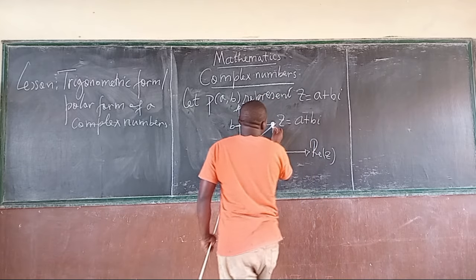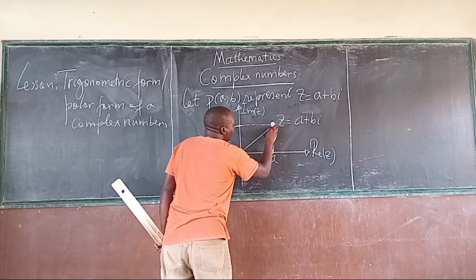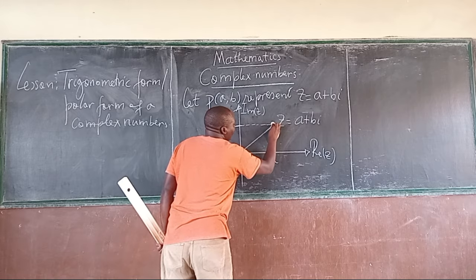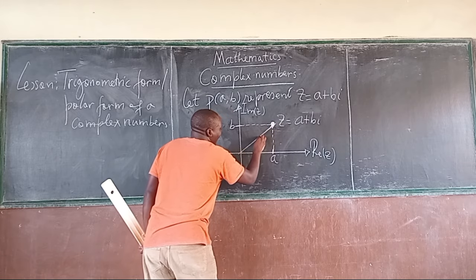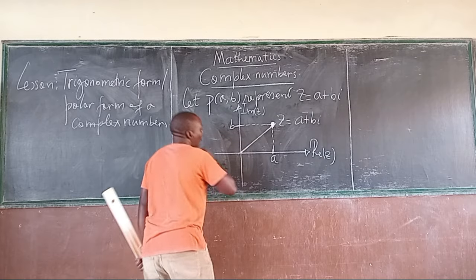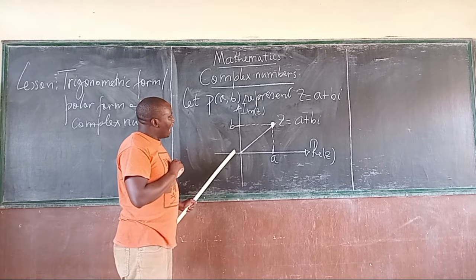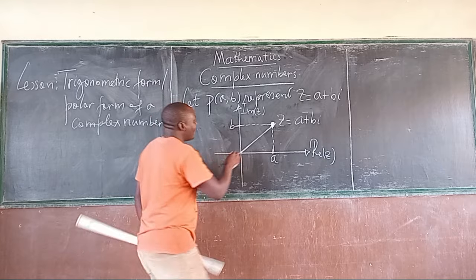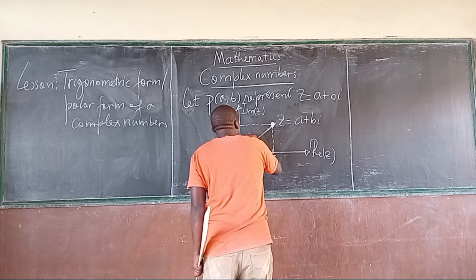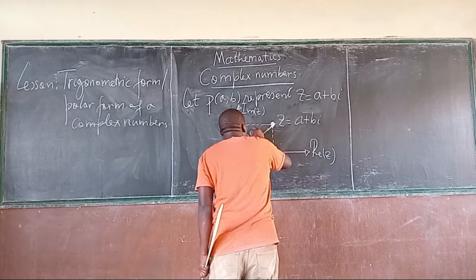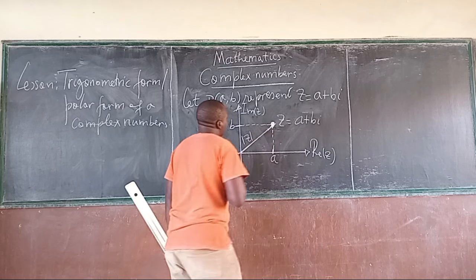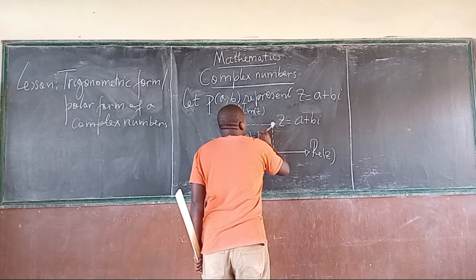As you see, teachers, this vector formed from my given complex number z to the origin of our Argand diagram represents the magnitude of complex number z, the same as modulus.